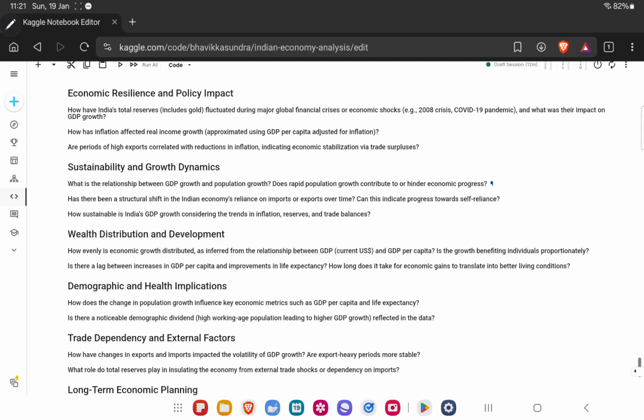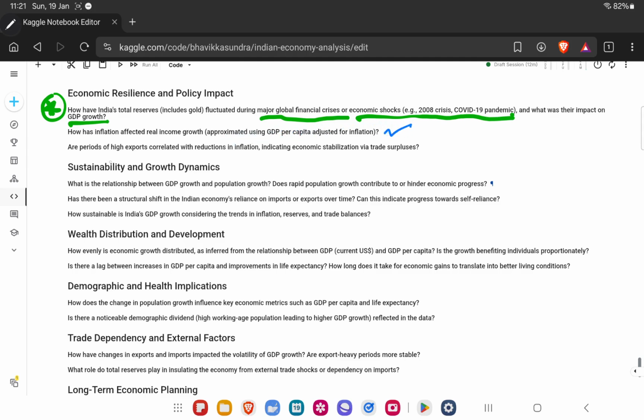There are also economic resilience and policy impact questions, like how India's total reserves fluctuated during major global financial crises or economic shocks, and what was the impact on GDP growth. These are really good questions. Has inflation affected real income growth, approximated using GDP per capita adjusted for inflation?